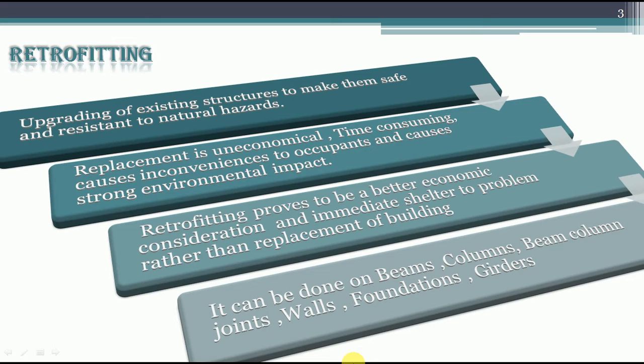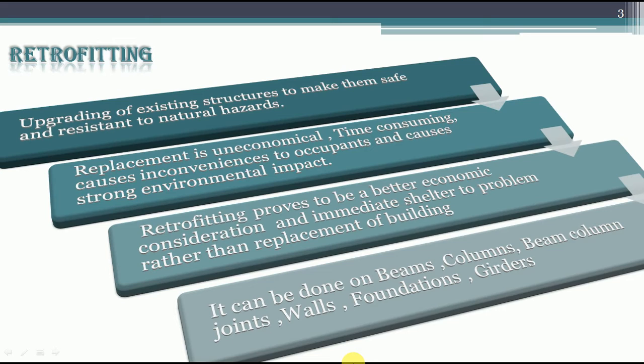One is the replacement of the entire structure. For replacing the entire structure, first we need to demolish the existing structure and we have to dump the demolished concrete waste to some other place.